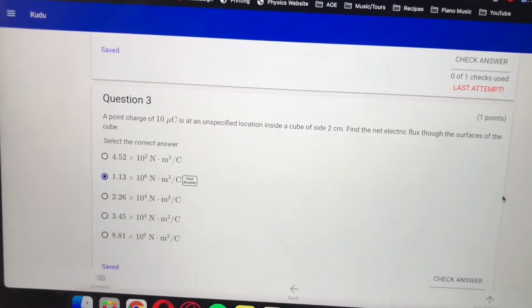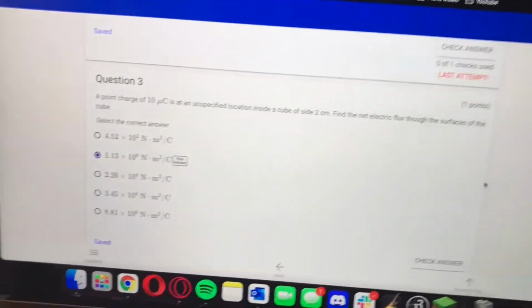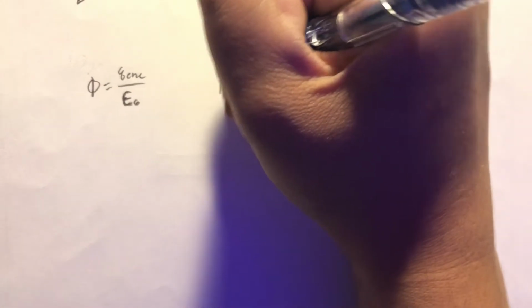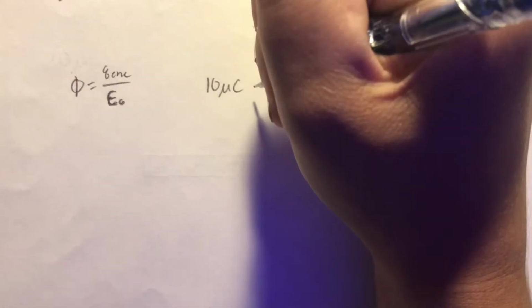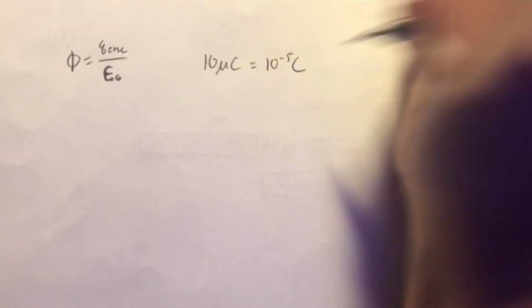All right, I'm just going to go through question 3 real quick while we're here, because this is another short one. All we're going to do is look at Gauss's law. Our flux is equal to the enclosed charge divided by epsilon naught. We have our 10 microcoulomb charge, which is 10 to the negative 5th coulombs.